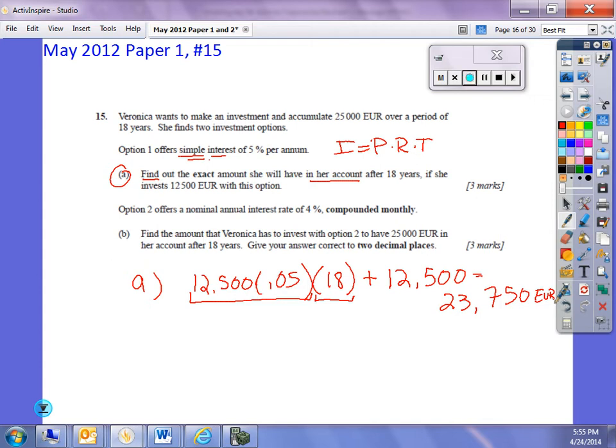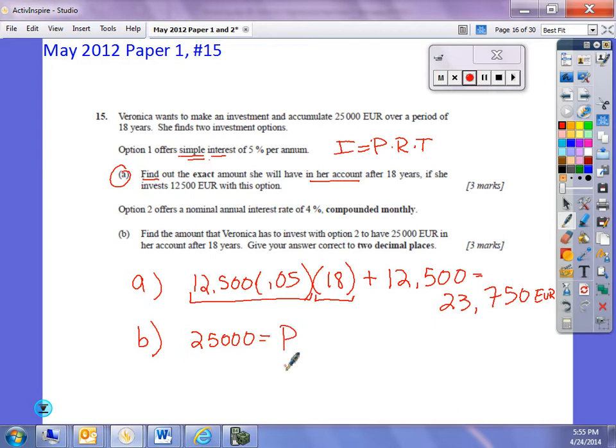Okay, now, in problem B, we do have interest that's compounded monthly. So we know that we're trying to figure out how we can end up with 25,000 euros. So we need to figure out how much we're going to invest.